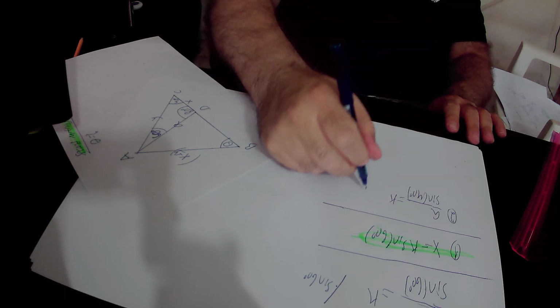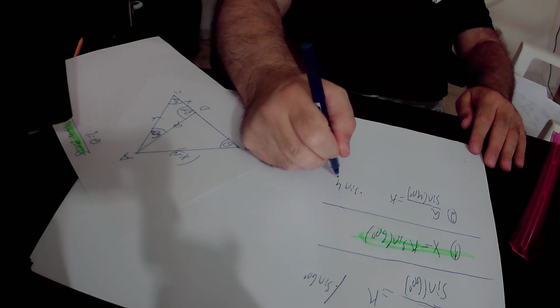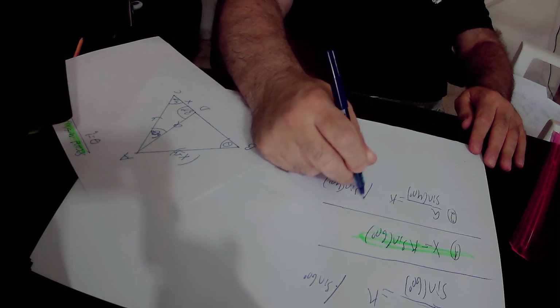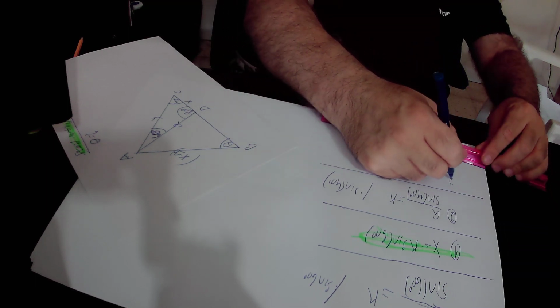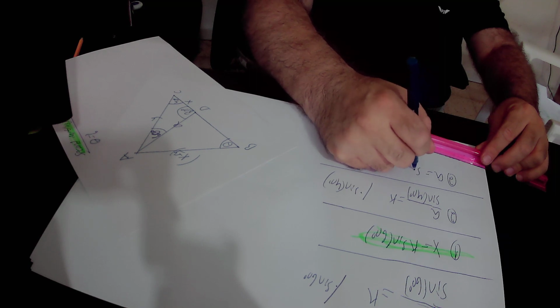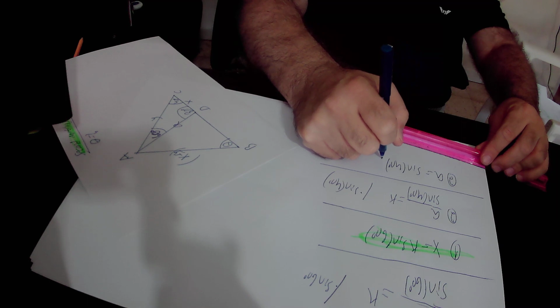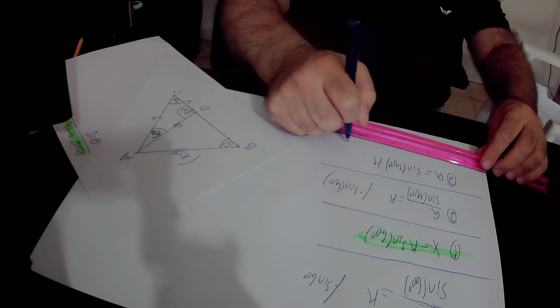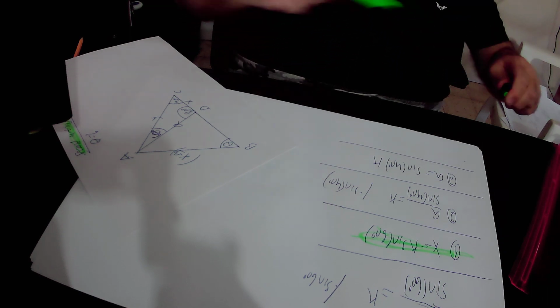Here we multiply this equation number 2 by sine 40 degrees, and we get that a equals sine 40 degrees times k. So I found out that the value of a is sine 40 degrees times k.